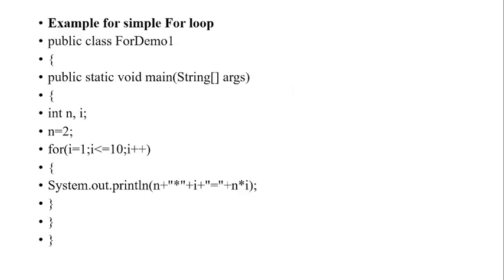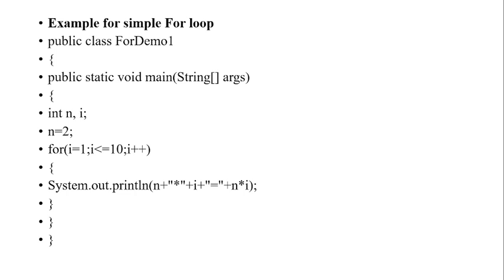You can see an example here. The program starts with void main. I am declaring two variables, n as well as i. n is equal to 2; the value is initialized as n = 2. I am using a for loop here: for i = 1, i less than 10, i++, right?